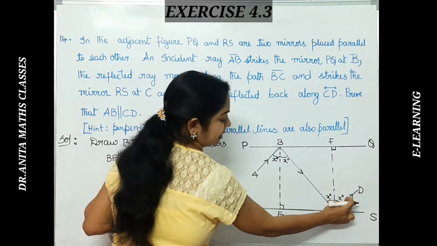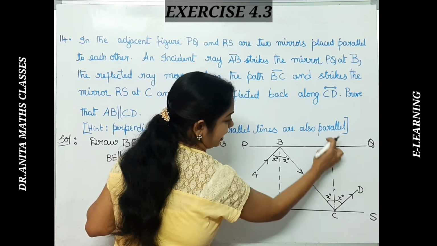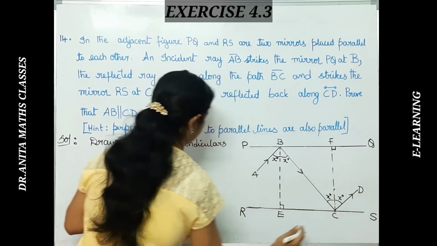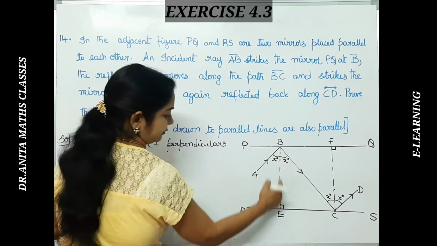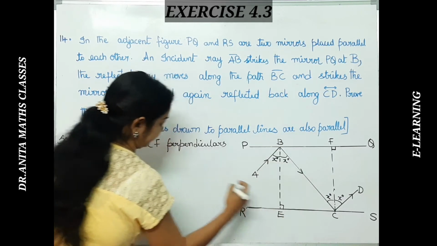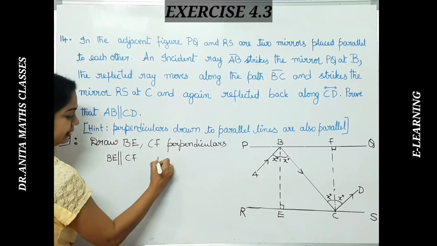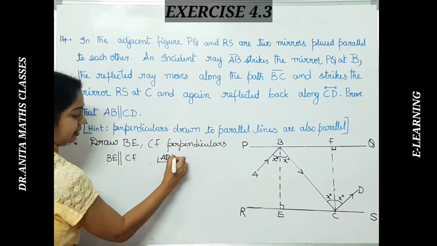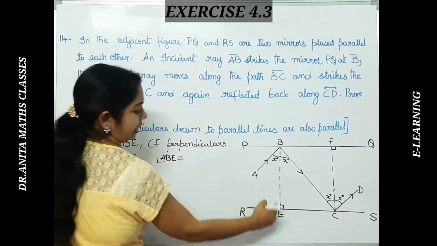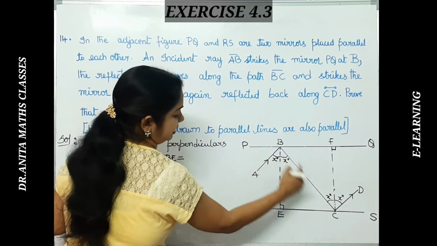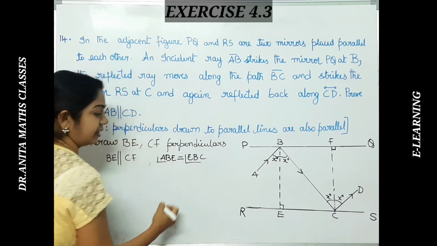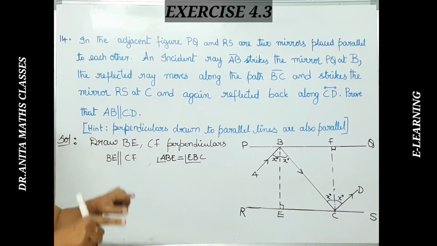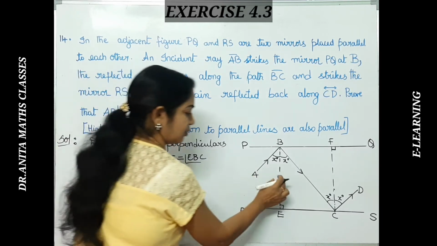So that means this angle, let me take this angle ABE, angle ABE equals angle EBC. Why? Because the incident angle and the reflected angle are equal with the same normal.